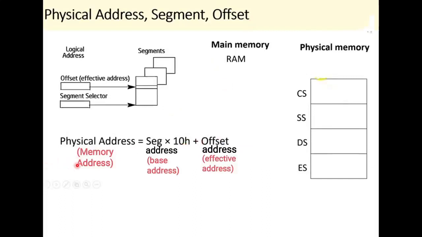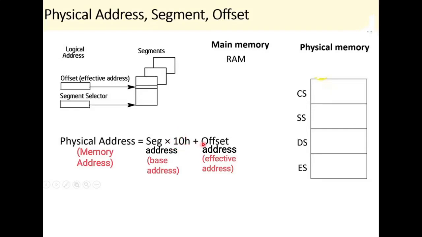Now the formula to calculate the physical address. Physical address equals segment address into 10. This 10 is a hexadecimal value. Remember, if you want to write it in decimal, then you need to write 16. If it is in hexadecimal, then you can write 10.